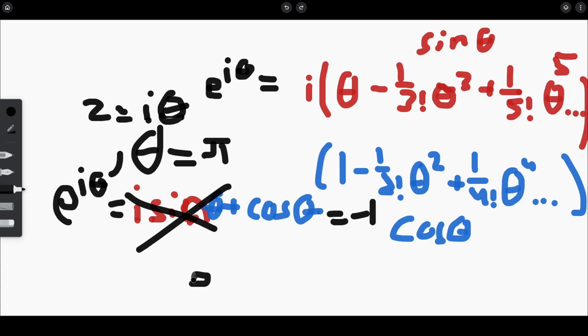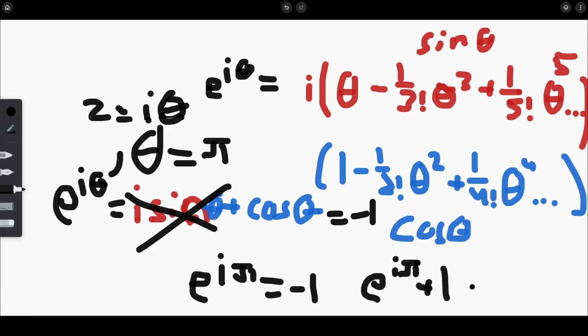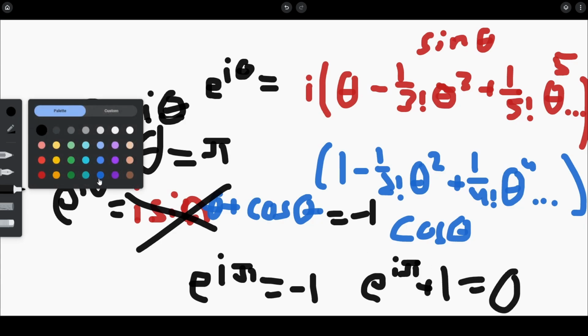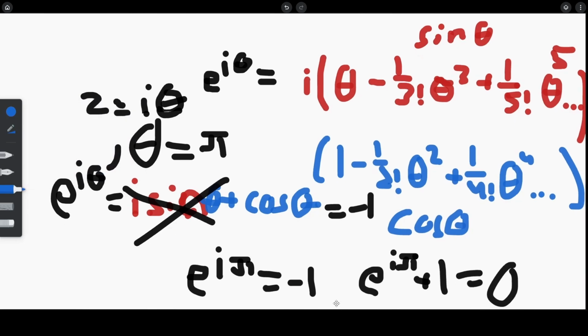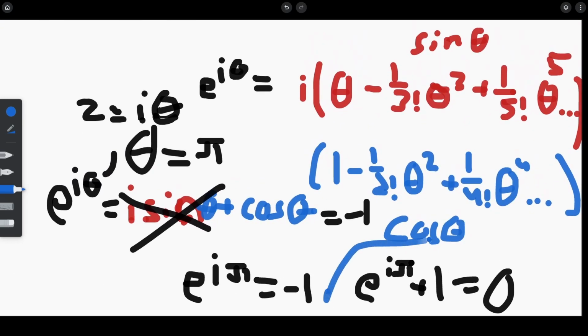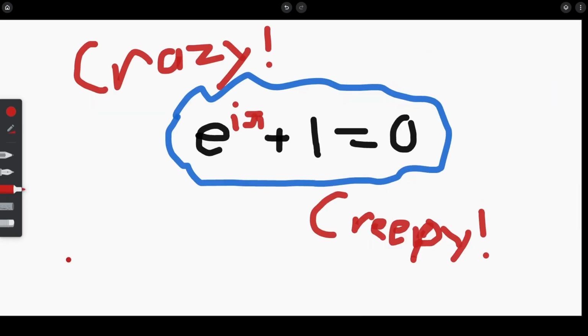Now we can say that e to the i pi is equal to negative 1. If we add 1 to the other side, we get e to the i pi plus 1 is equal to 0. And this right here is Euler's identity.